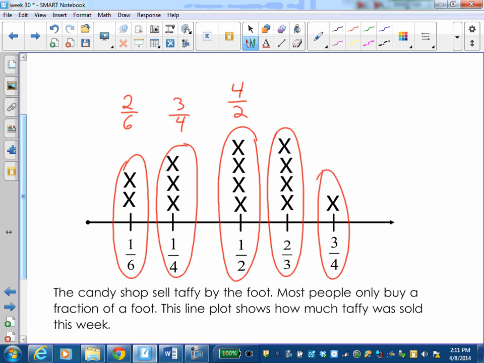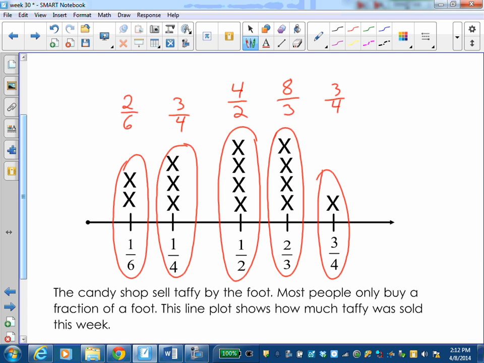I realize it's an improper fraction, but I'm going to hang on for just a minute. And then I have 1, 2, 3, 4 of these 2/3. So I know the 3 is going to stay the same on the bottom, but I've got 2, 4, 6, 8. That was 8/3 that were actually sold here. And then 3/4 is just 3/4.